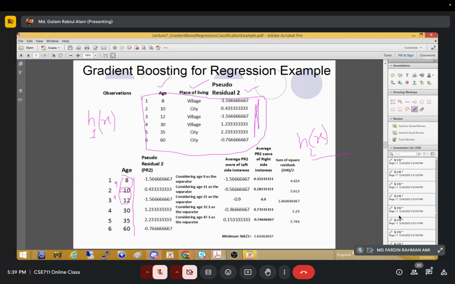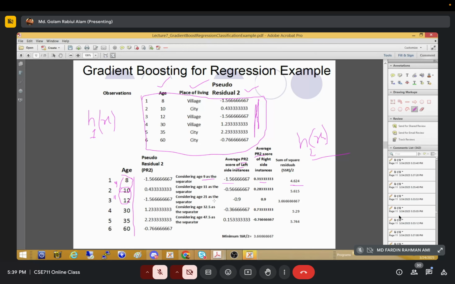So here 9 is the splitter. In that case, we take the average pseudo residual 2 score of the left side instances and the average of the right side instances, and you will get the SSR by 2 as 4.624, like this.